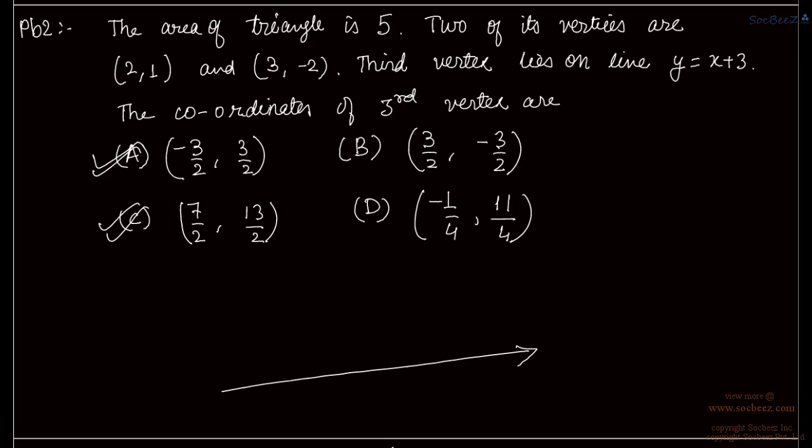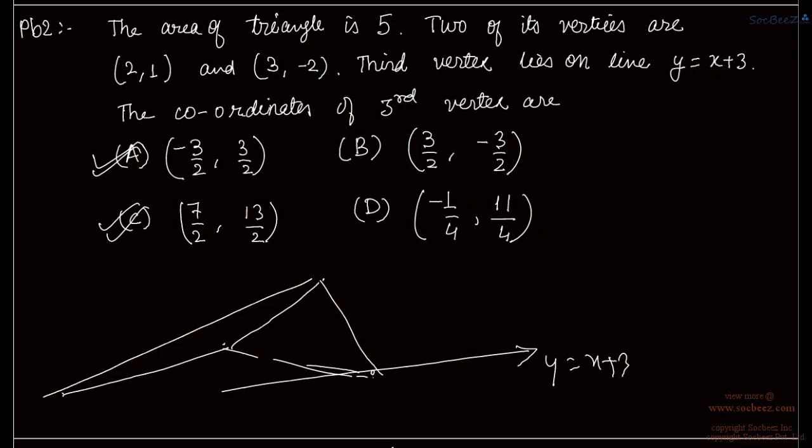Say this is the line y is equal to x plus 3, and we have these 2 points. So we can have 1 point here, so that this area is 5, or 1 point here, so that this area is equal to this area, something like that, right? This is a straight line.